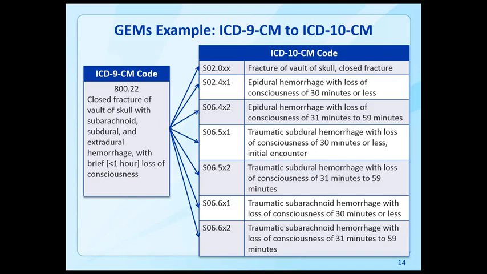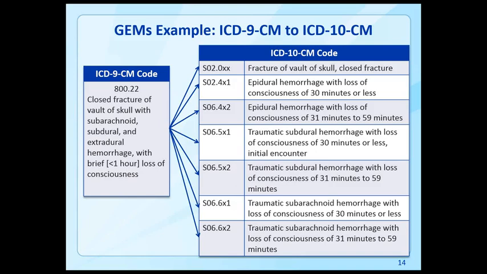So for example, the next 2 listed, S06.4, both of those codes are for epidural hemorrhage with a loss of consciousness of 30 minutes or less, or a loss of consciousness of 31 to 59 minutes.